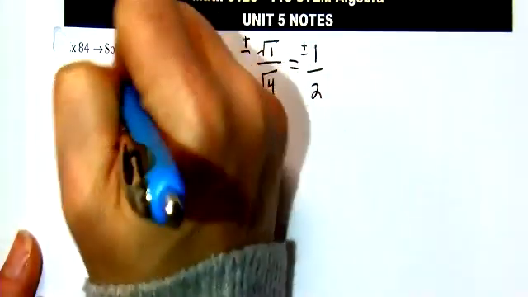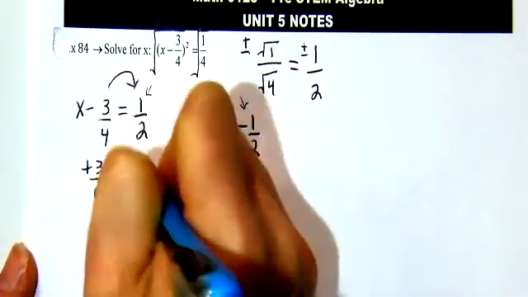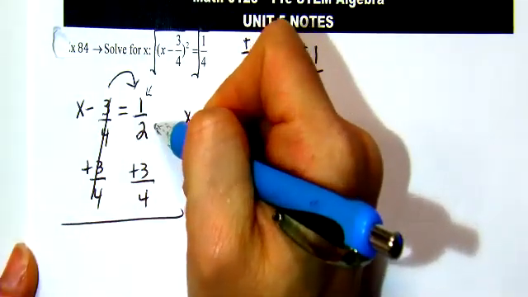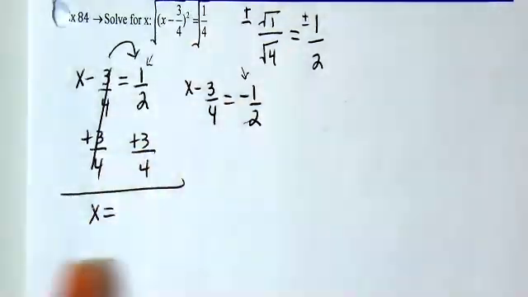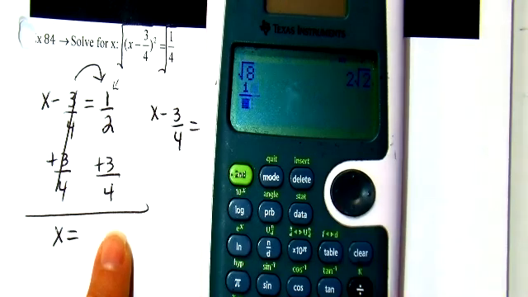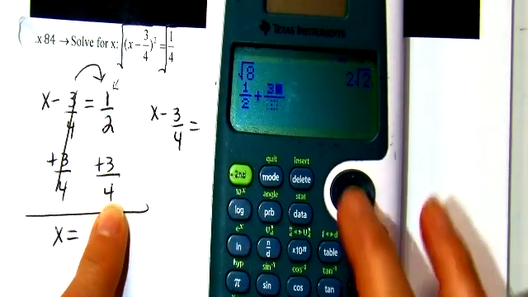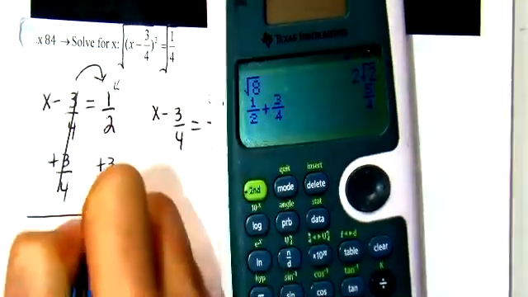So then we just get x by itself, and you don't necessarily have to do all the fraction work if you don't want to. Remember, you would have to find a common denominator, which would be like 2 over 4, and then add, which would be like 5 over 4, or you could just tell your calculator to do the math for you. You could say, what is 1 over 2 plus 3 over 4, 5 over 4, and you would leave it as 5 over 4.